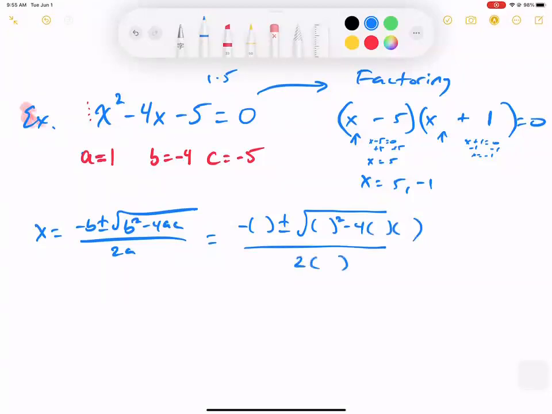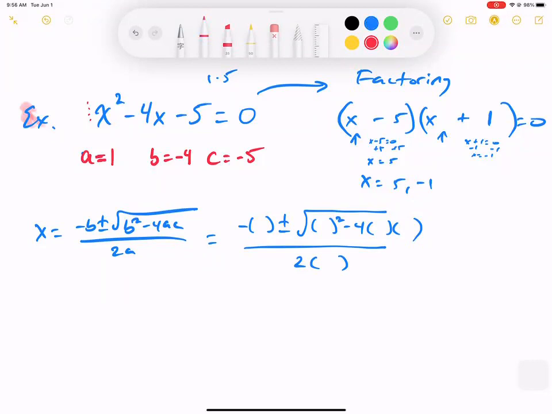When I do this, it takes the pressure off me trying to fill everything in at once. Every time I have a letter, I just write parentheses and I can fill in those parentheses afterwards, just in case I messed up something along the way. Now I can go back and fill out our a's, b's, and c's.